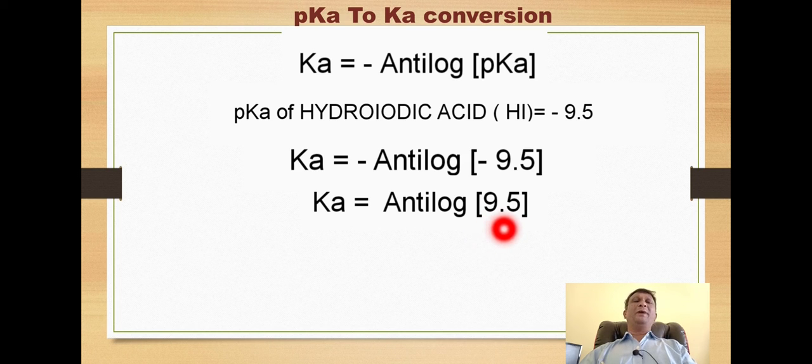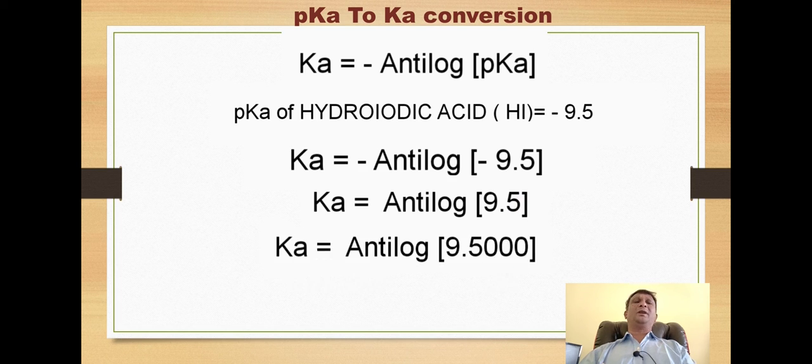Here the digit before the decimal point is called the characteristic and the digits after the decimal point are called the mantissa. So we are in need of 4 digits of the mantissa, whereas here we have a single digit of mantissa. So for conversion of it into the 4 digits, we just simply put 3 zeros over here.